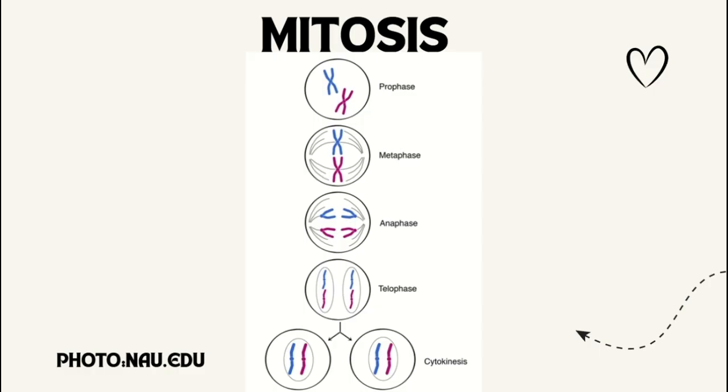But even before we talk about these stages, we have to talk about what happens before. We're not going into too much detail, we're just going to brush over it. Interphase. So interphase is that preparatory stage that the cell is basically in before it starts to divide. Now, the cell spends a lot of time, in fact way longer, in interphase than it actually spends in the mitosis process.